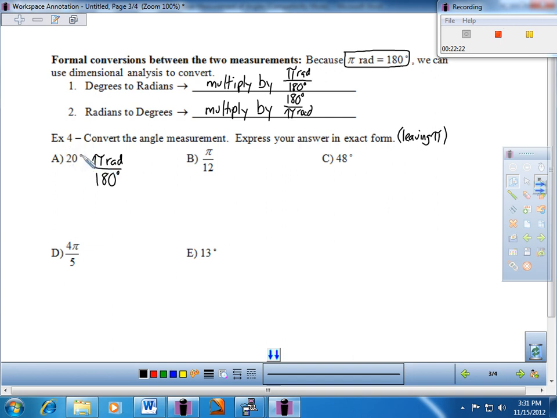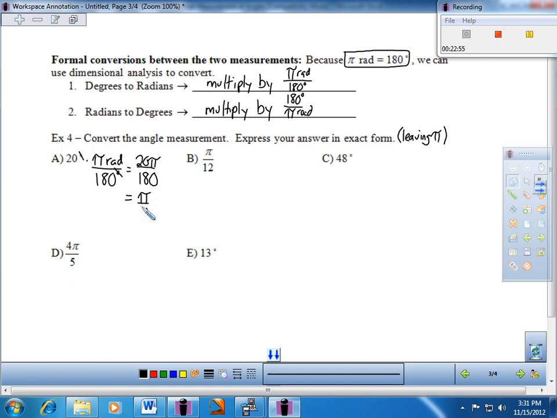I'm just changing the units of what I start with. And you could see, of course, that the degrees will cancel, one on top, one on bottom. And I end up getting, in this case, 20 pi over 180. Which again, it's a legitimate answer, but I'm really going to ask you to make sure you reduce fractions completely. And so if I reduce 20 over 180, it would be 1 over 9.